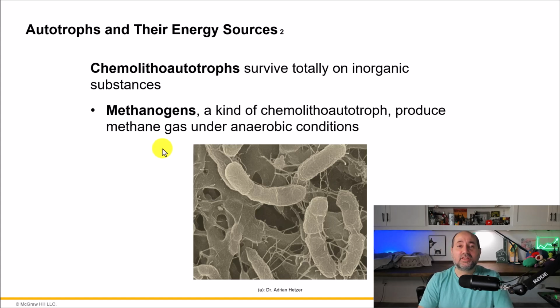And they get their electrons not from sugars and fats or an organic source, but some kind of inorganic source, such as hydrogen sulfide. That's why you can often find these creatures in sulfur springs and sulfur vents, or places that are rich in whatever inorganic electron source they use.